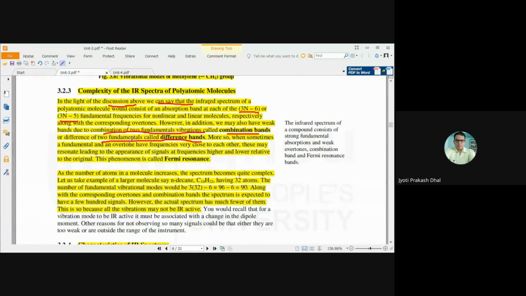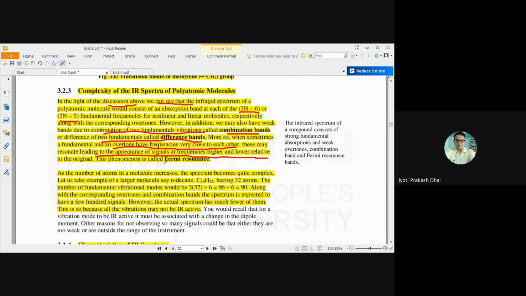If the molecule is a simple molecule, that will show three bands. If the fundamental and the overtone have frequencies very close to each other, they may resonate, leading to the appearance of signals of different frequencies, higher or lower, relative to the original.